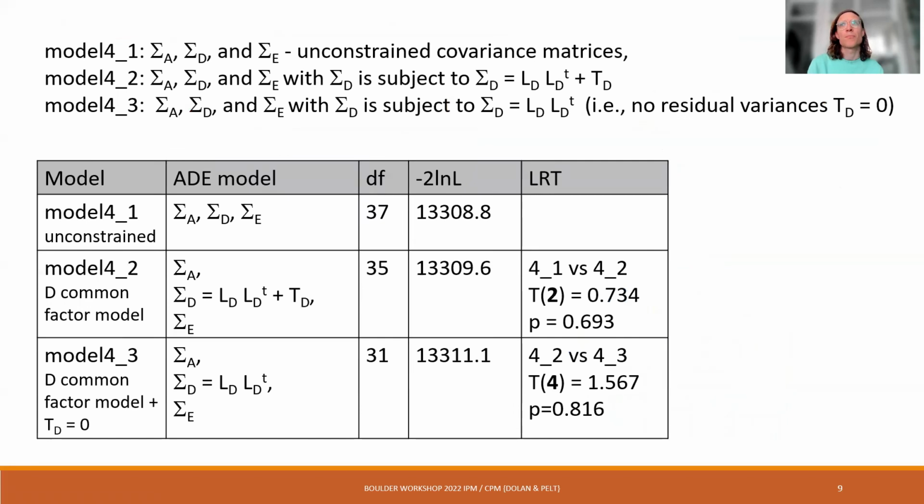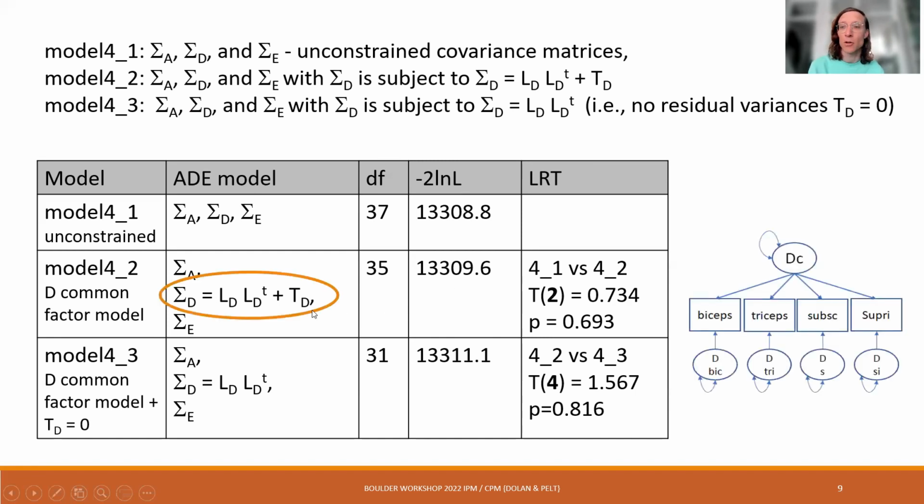So first, as I said, what we want to test is we want to answer the question, well, is there a common dominance genetic factor influencing all of the 4 phenotypes? And we can actually test this. We can test this by first fitting the unconstrained multivariate ADE model and then applying the common factor model to our sigma D as shown in this circle here.